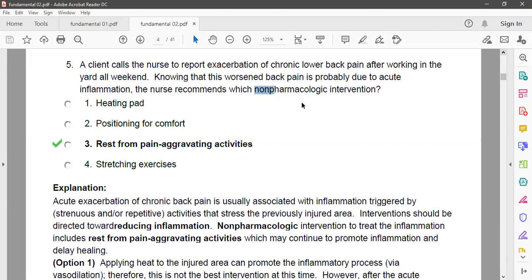Referred pain occurs when the pain is felt at a location different from the source of pain. Also, disease processes that can present with back pain include pancreatitis. Pancreatitis is a disease of the pancreas, but referred pain comes to the back.